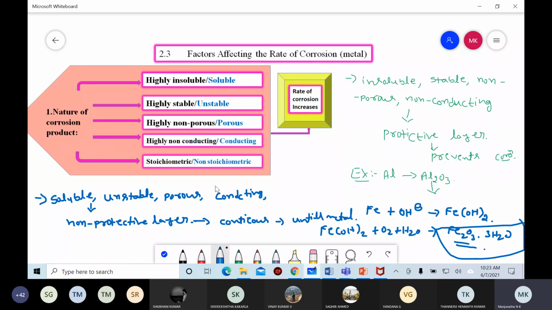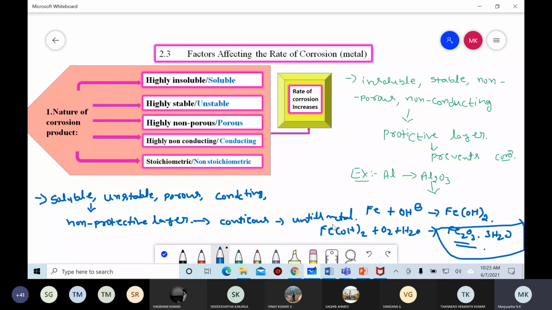But if the oxide layer formed is soluble, unstable, porous, conducting, and volatile in nature, that oxide layer acts as a non-protective film. Therefore, it continues the corrosion until the metal is destroyed.